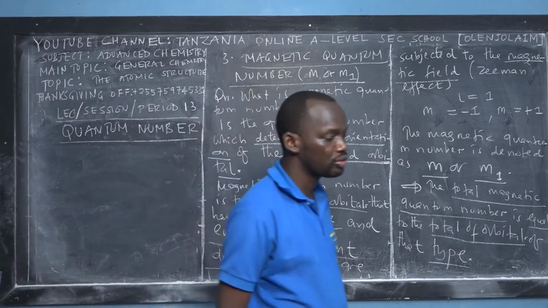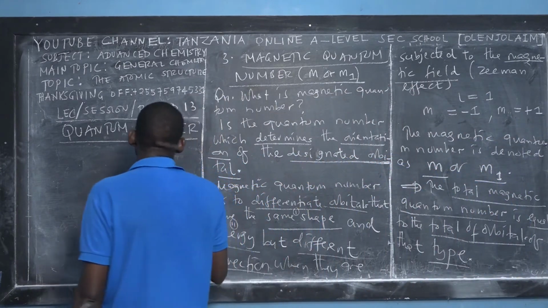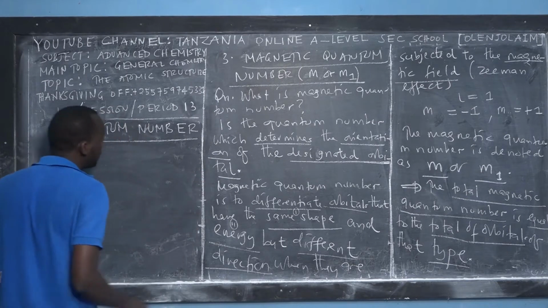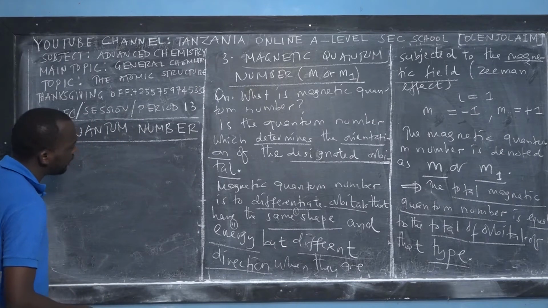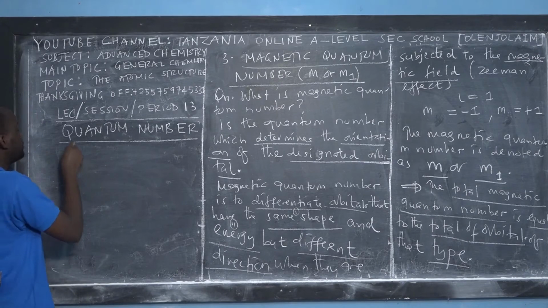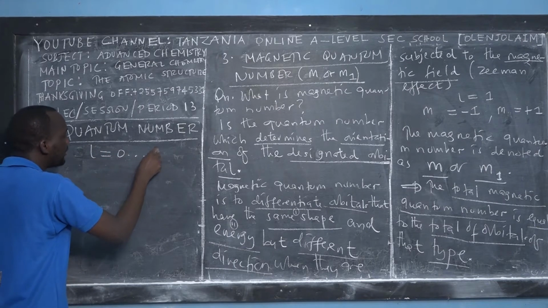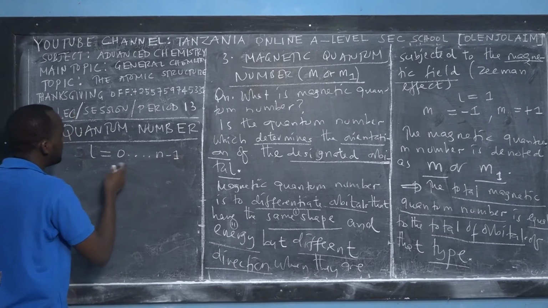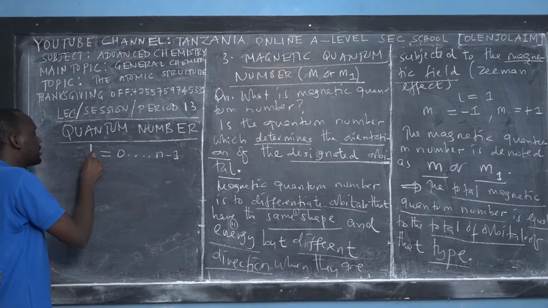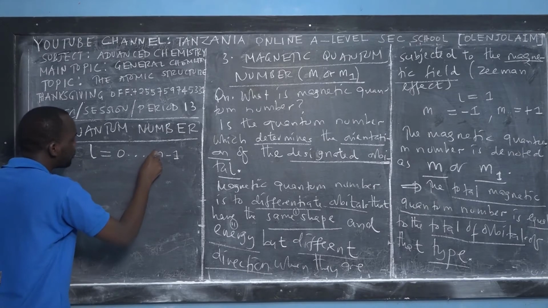Then I taught you in lecture 12 that the symbol for the subsidiary quantum number is L, and I told you the relationship between n and L. Remember that L starts from 0 and goes up to n minus 1. So this is the relationship between the subsidiary quantum number, which is the sub-energy level, and the principal quantum number.